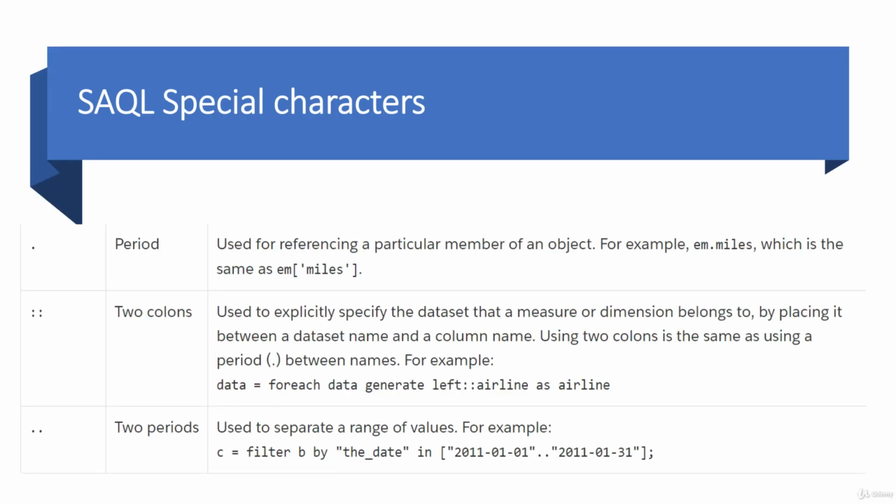In the same way, we have the period, the double colon, and the double period. When I say period, we use it for referencing a particular member of an object, for example how you access field names, account dot account type.